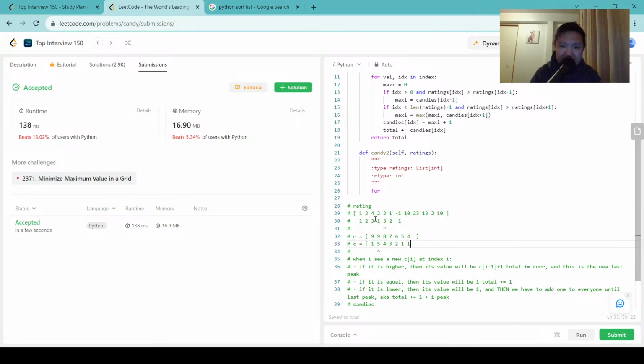When I cascade, I don't affect this person. So it seems like the last peak only happens when the index is higher than the one from before. Oh no, it happens in both. I see, the last peak moves in both of these cases. Move last peak to i.